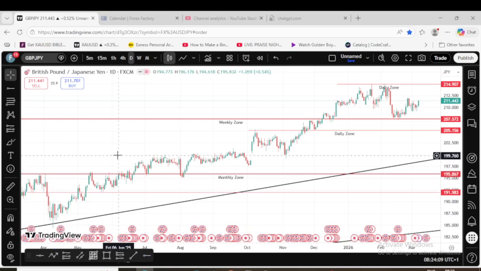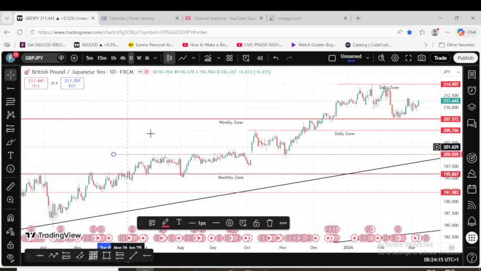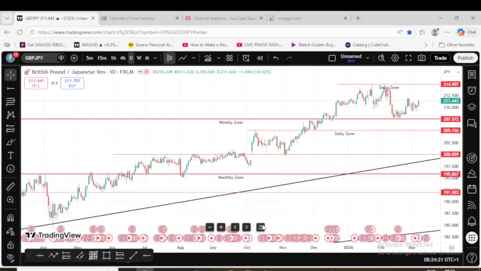So now that we've identified our dailies, okay, hold on. We also have one here. So now that we've identified our daily zones, let's see if we can draw a trend line.